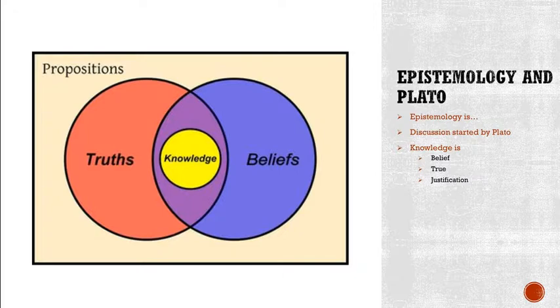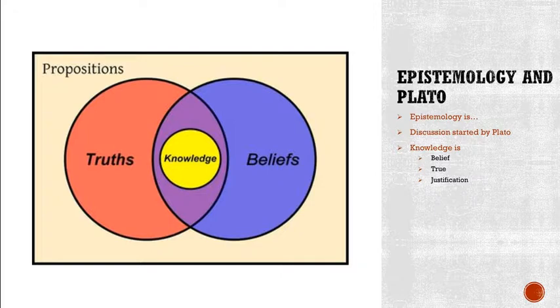And what this diagram illustrates is that knowledge is a subset of the beliefs that are true. There are beliefs, and some beliefs are true, some are false. There are some truths that we know, which are our beliefs, but some that we don't know. There are things we don't know about the universe or the world or about people, but they are truths, they're independent of us. So we're looking at that overlap between beliefs and true beliefs.